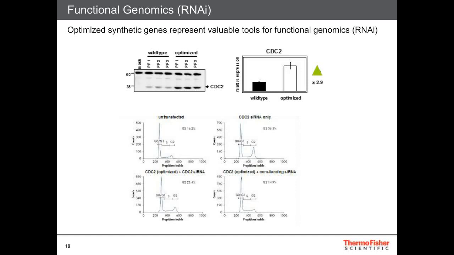And finally, to finish up this first part of my talk, I would like to draw your attention to another quite nice feature of optimized genes, since those represent really valuable tools for functional genomics. You all know that siRNA-mediated knockdown is a quite widespread method to analyze cellular function.